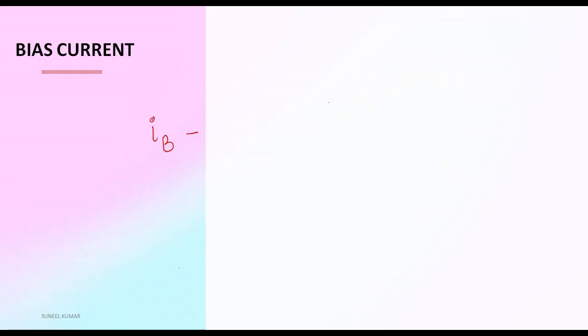We can write IB is basically IB1 plus IB2 divided by 2. This is the bias current.